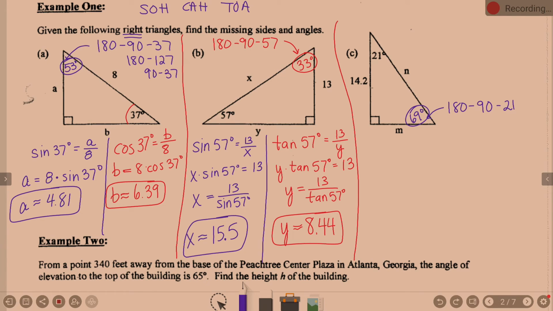If you're confident in that math as you proceed, you can use the 21 or you can use the 69 degrees. Doesn't matter. Okay, what are you guys finding, M or N?